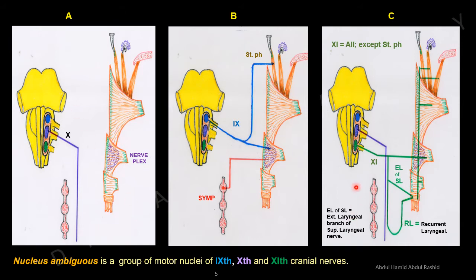In diagram C, we have accessory nucleus, that is 11th cranial nerve, at the lower part of the nucleus ambiguus.